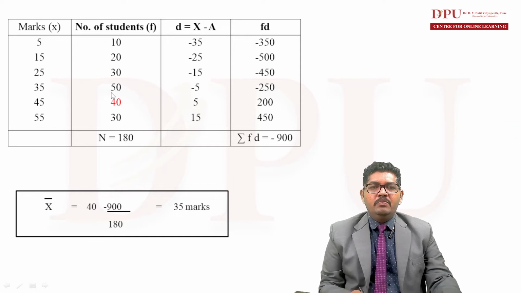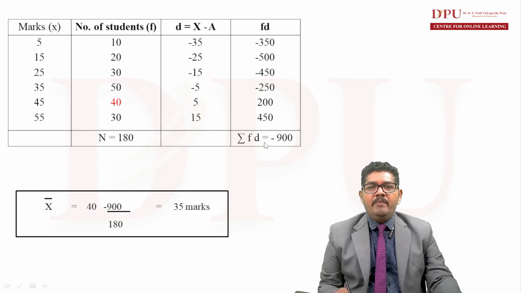So 40 is the assumed mean. You can take any value, the calculation doesn't change. So we got the deviation values. The deviation is multiplied by frequency to get fd. So 10 multiplied by minus 35 is minus 350, 20 multiplied by minus 25 is minus 500, and so on. So we got all these fd values.